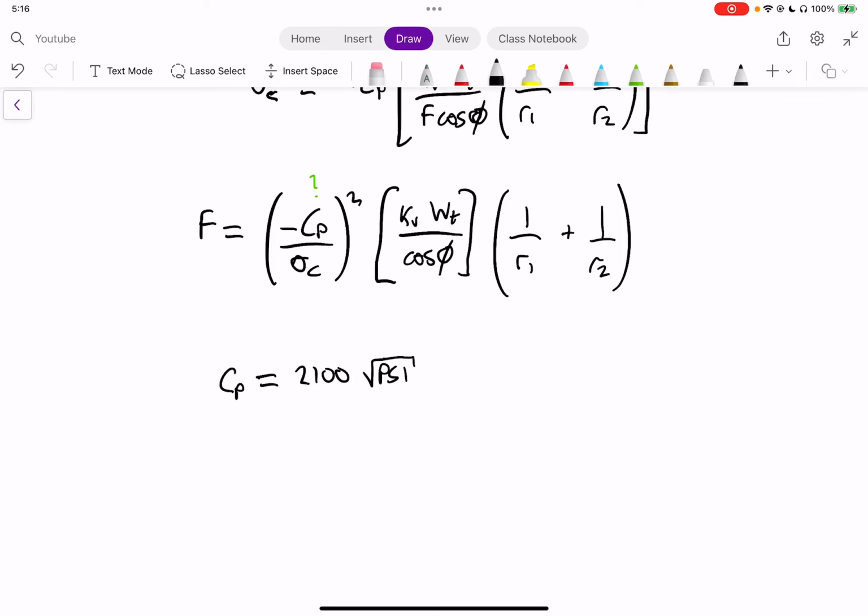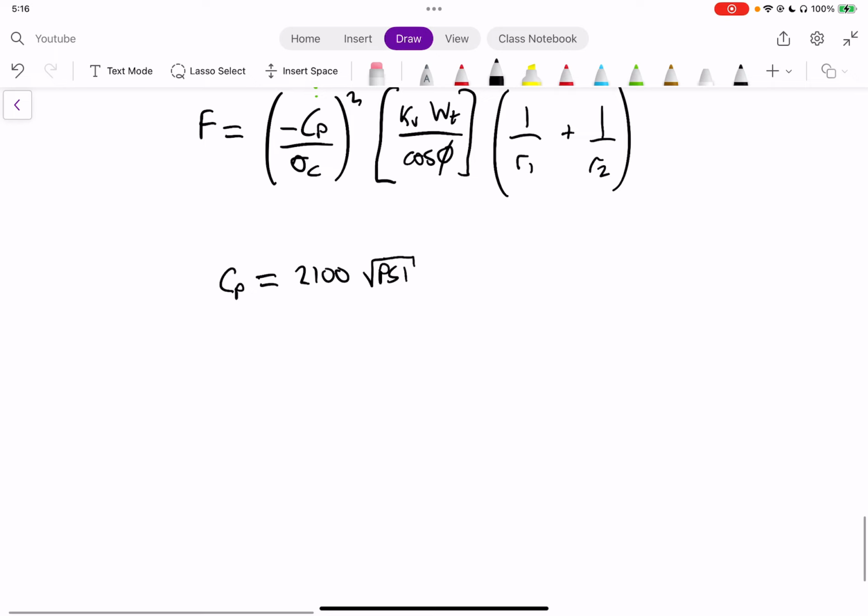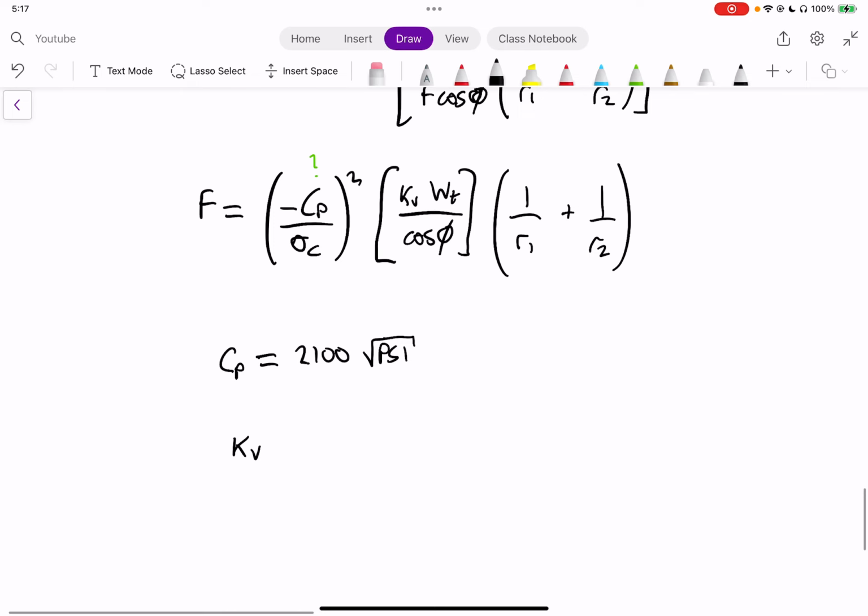And then we're going to find Kv, which is going to be our velocity term for our equation. We already have sigma c. We have the angle as well, so I'll just check it now. And now we have to find Kv.